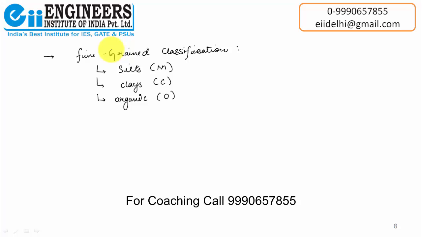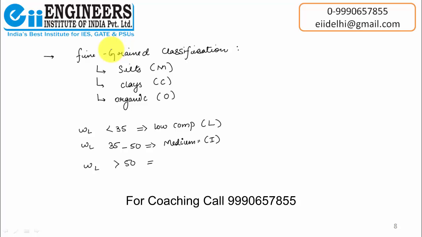If the liquid limit is less than 35, then we write it as soils of low compressibility, and we designate it by L. If WL lies between 35 to 50, it is medium compressibility, and we designate it by I. If WL, that is liquid limit, is greater than 50, then it is high compressibility soils, and we designate it by H.